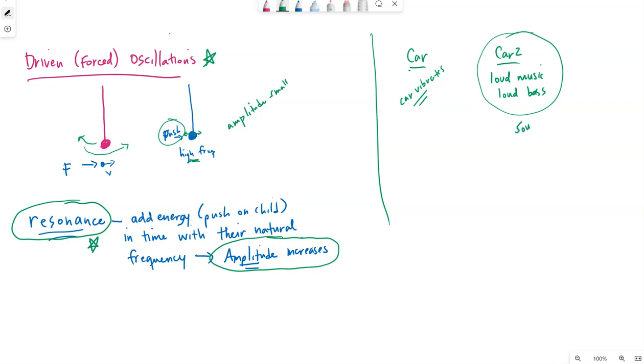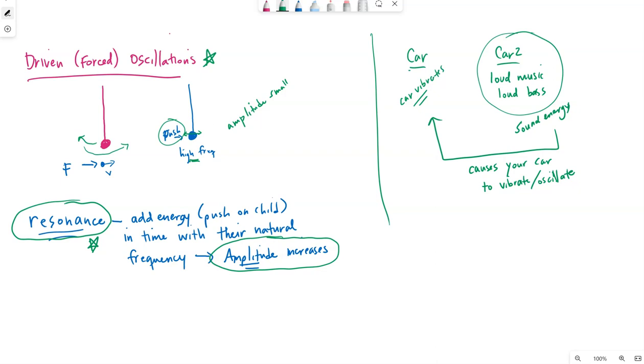The sound energy is causing your car to vibrate or oscillate. That's a driven oscillation. The larger the response of your car would be starting to match an experience of resonance. It's not helpful in any way, but it is something we experience.